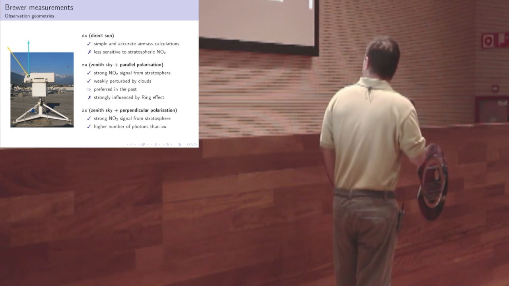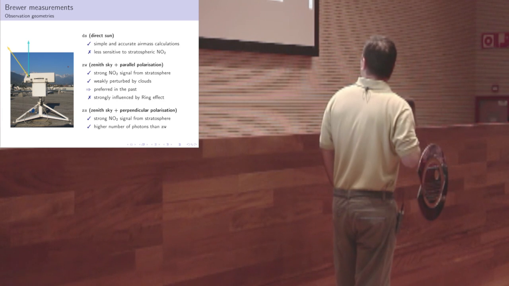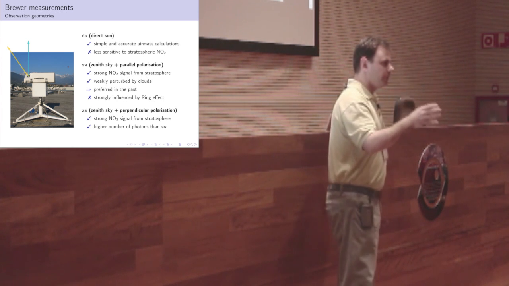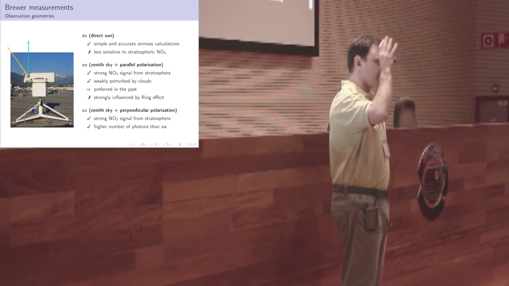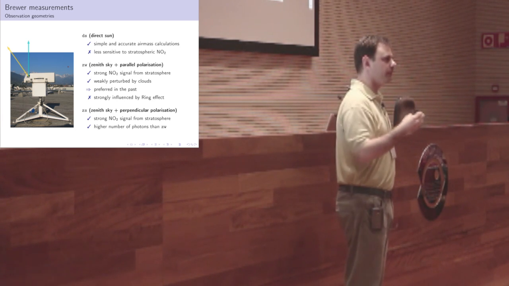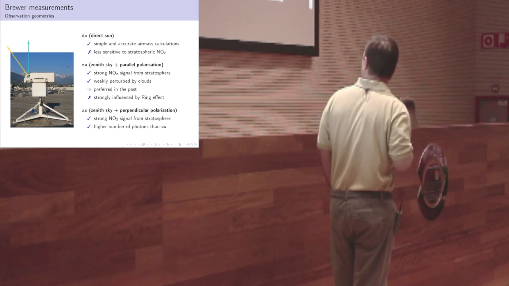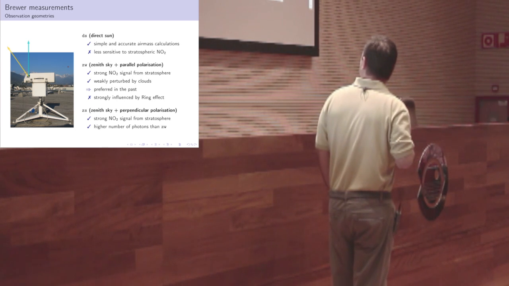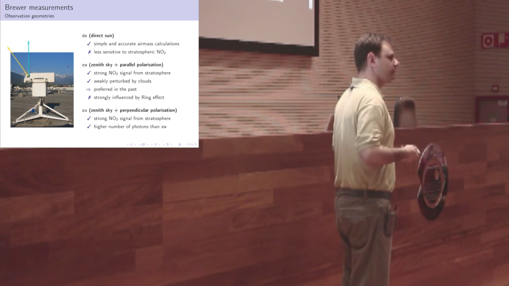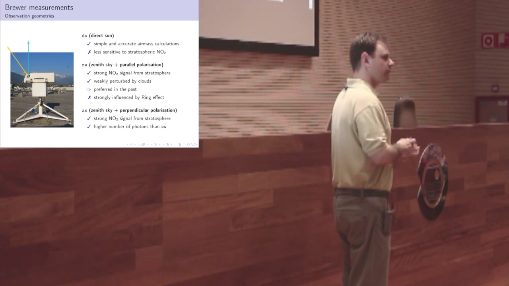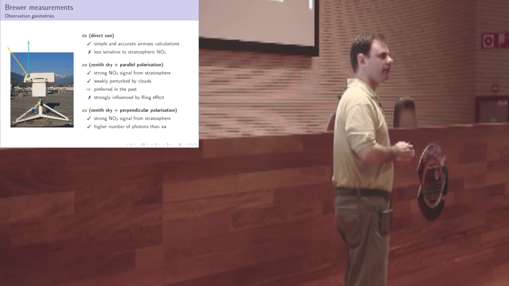And in the zenith geometries, both in the parallel polarization with respect to the scattering plane and the perpendicular polarization to the scattering plane, you have a higher signal from the NO2 because the path in the atmosphere is longer.